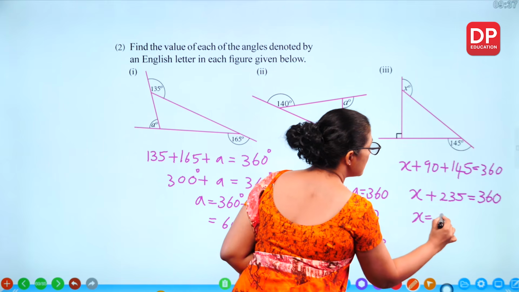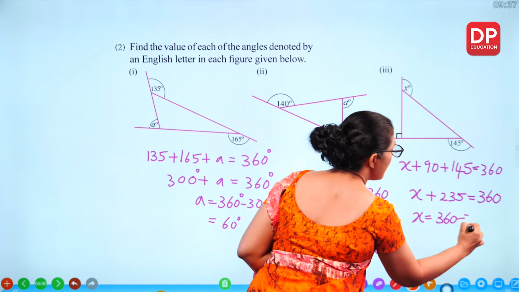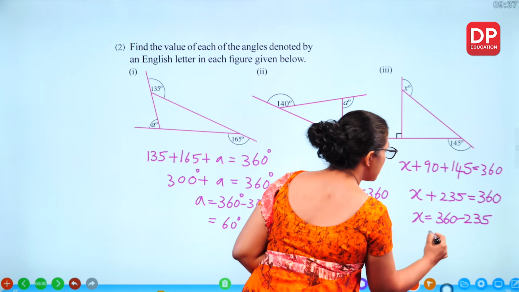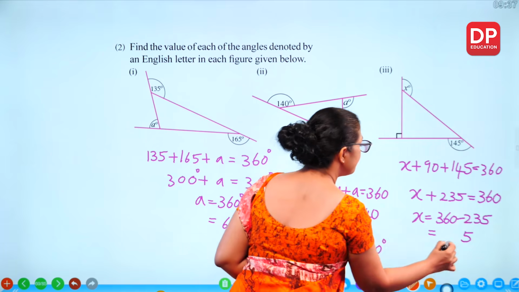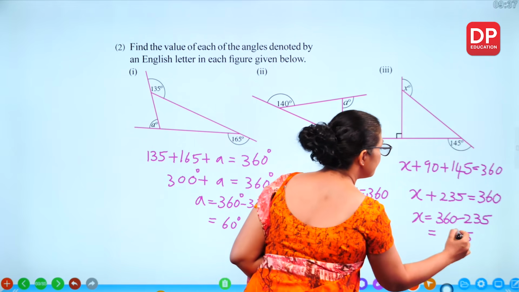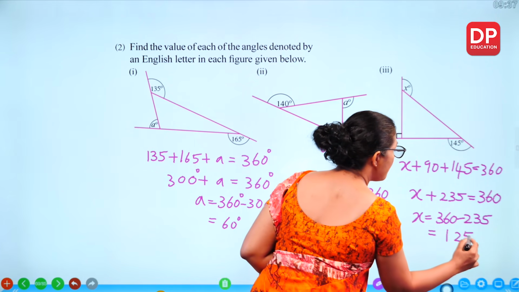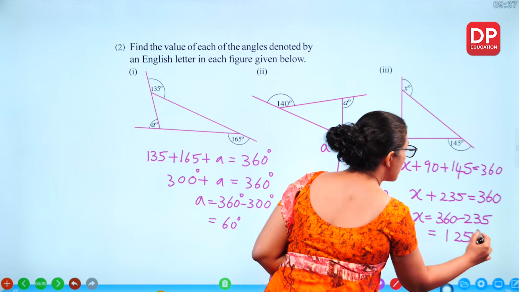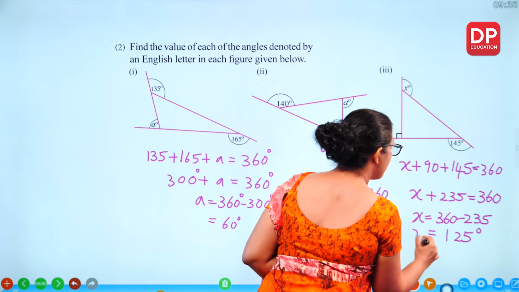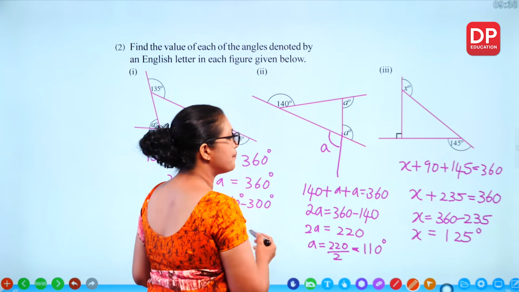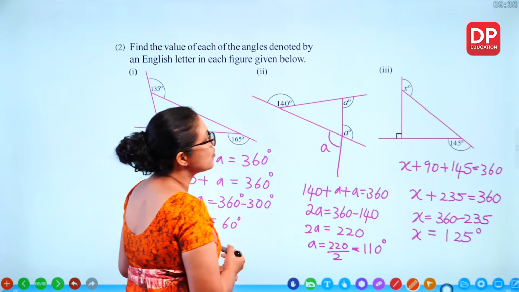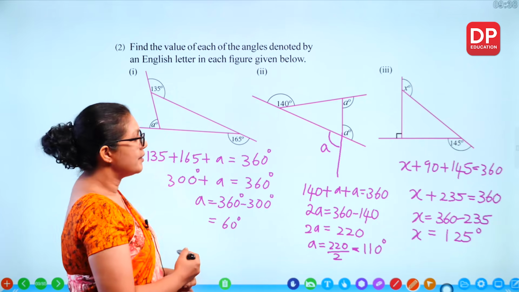Subtract 235 from 360, 125. So 125 is the x value.